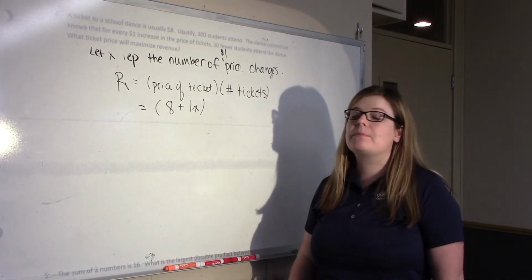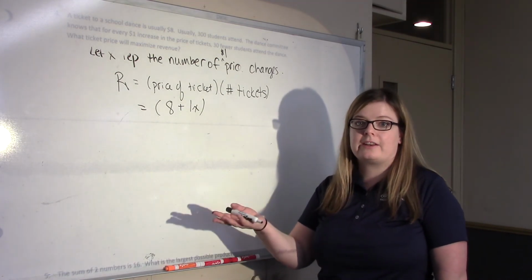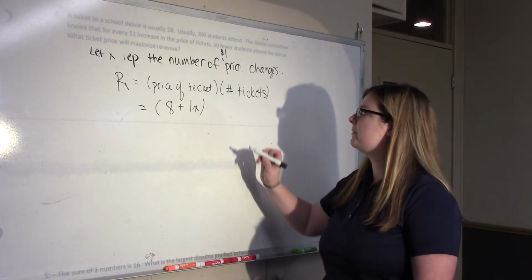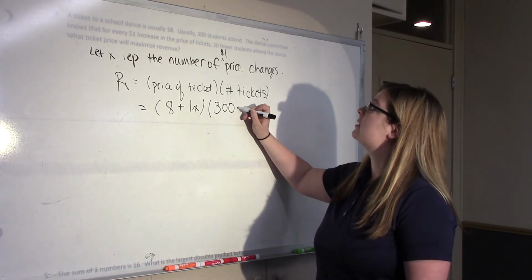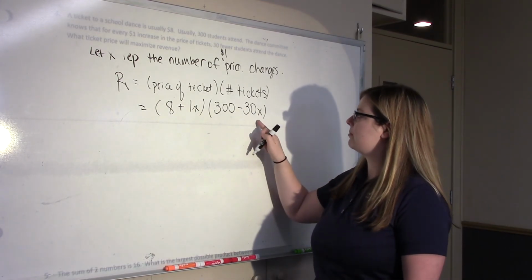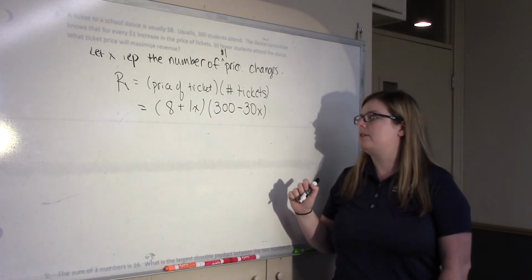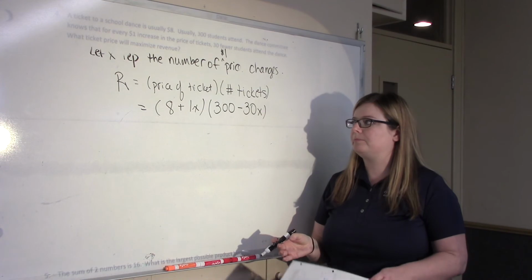If we reduce the price to $5, then X would be -3, showing -3 increases. Then the number of tickets sold, we started at 300, but we're subtracting 30 every time we change the price once. X again represents the number of price changes we're doing.